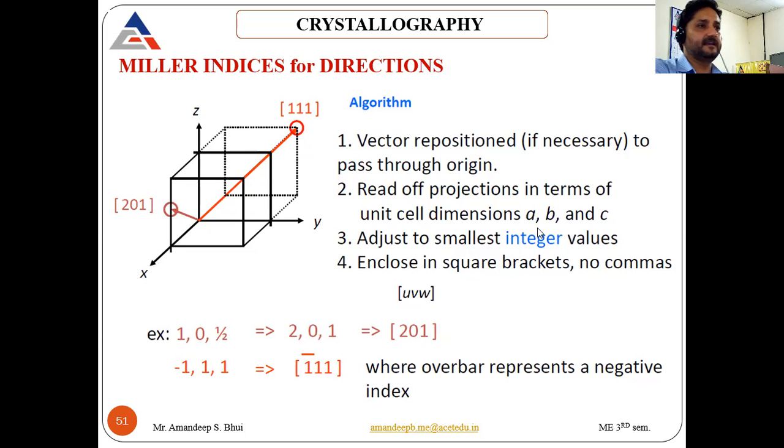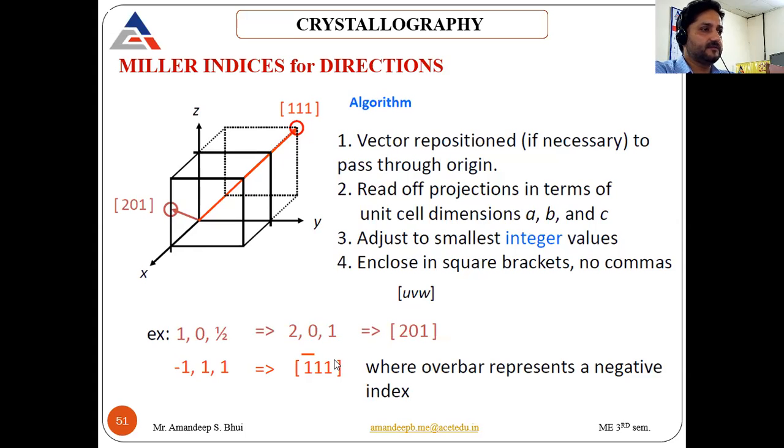Now we read off the projections in terms of unit cell dimensions a, b, and c. Here the value of R1 in the x direction will be 1, the value of R2 in the y direction will be 0, and the value of R3 in the z direction will be 1 by 2. So for the first example, brown, R1 will be 1, R2 will be 0, and R3 will be 1 by 2.